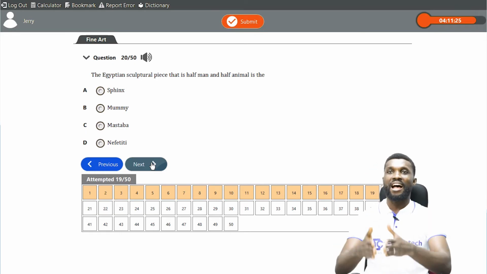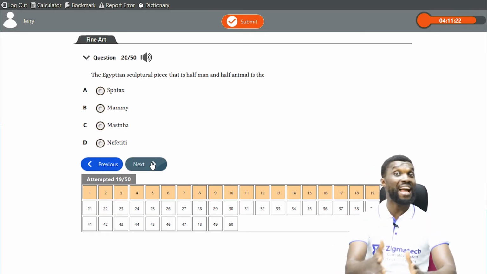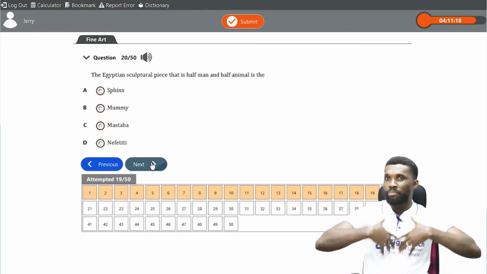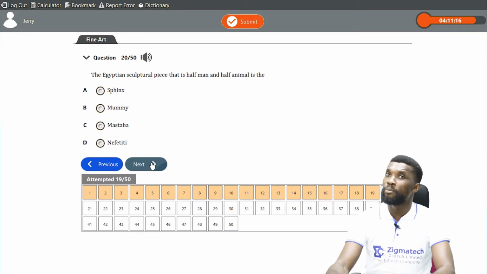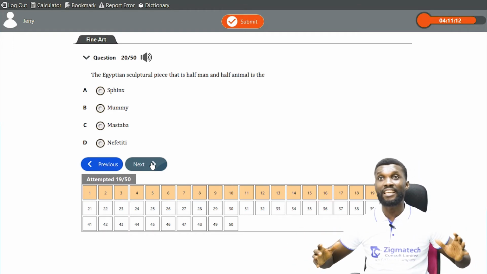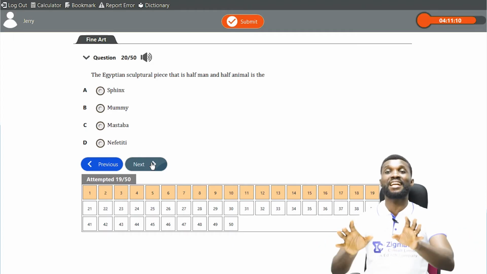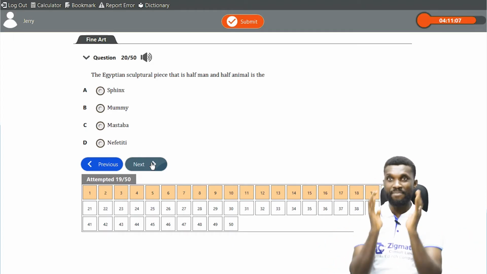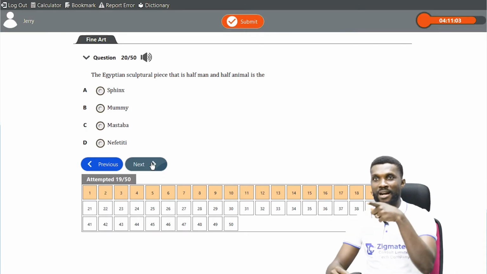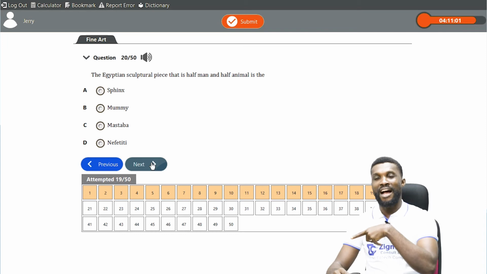Now, all these are monuments. They are gods of the Egyptian people. Like the mummies are the dead bodies of their kings. They call them mummies. And they don't just bury them; they bury them with their slaves. So they bury them in a cave, in a catacomb. So those images, they are the mummies. Now, it is not half human and half animal.